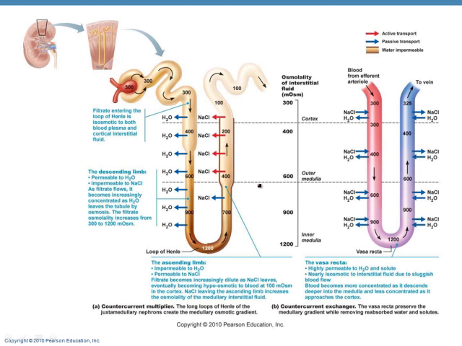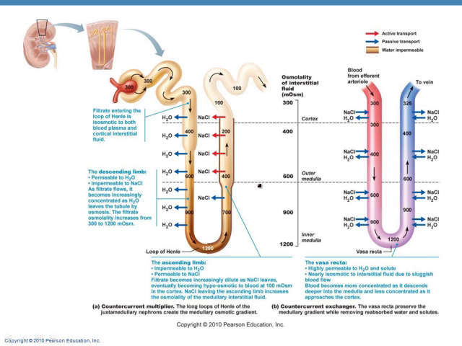Nearly iso, what? Osmotic to interstitial fluid. What's interstitial fluid? Yeah, that's the fluid between these guys, right? There's a big space here, but they're actually right up against each other, right? So nearly isoosmotic to interstitial fluid due to sluggish blood flow, because we're kind of whipping up the corner.